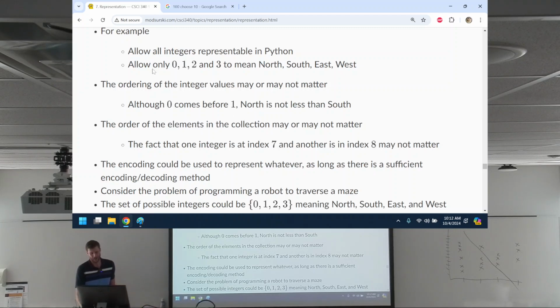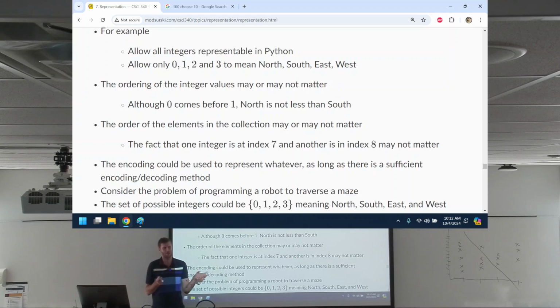And here's the thing. Some people will make a distinction where, yes, using 0, 1, 2, 3 to represent north, east, south, west is an integer encoding, but some people are very careful to say it is, but it isn't, because it's a subset.